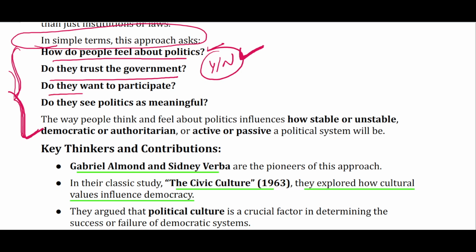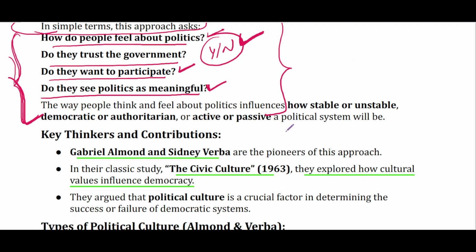Then, do they want to participate? Such questions are quite straightforward, and by asking such questions and arriving at the data, even if it is anonymous survey based data, we can arrive at the national level political value system of people.